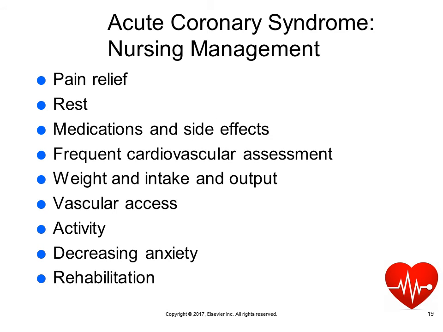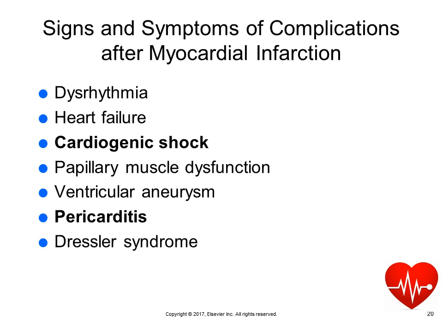Acute coronary syndrome, or ACS, the nursing management includes pain relief, rest, medications, and knowledge of side effects, frequent cardiovascular assessment, weight and intake output, vascular access, activity, decreasing anxiety, and again, cardiac rehab.